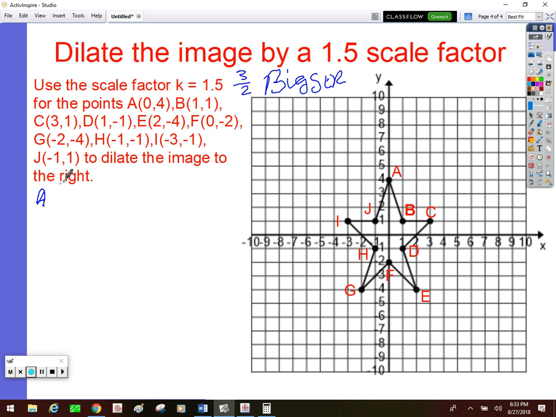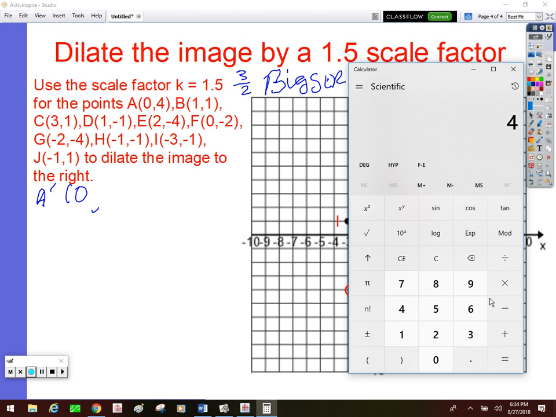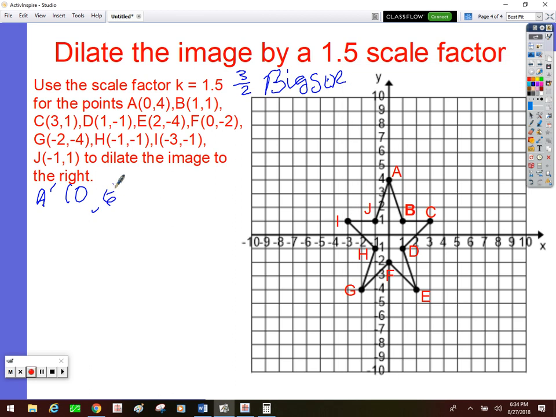So here's A. So let's go 0 times 1.5. Well, that's an easy one. That's 0. So then we have 4 times 1.5. So let's take our calculator. 4 times 1.5 should give me 6. So there is my coordinate for A prime is going to be at 0, 6. All right, B prime. B is at 1, 1, so it's going to be 1.5 and 1.5.